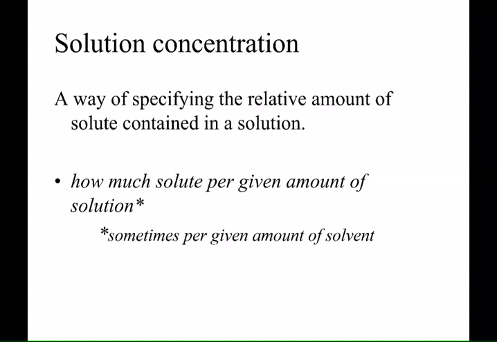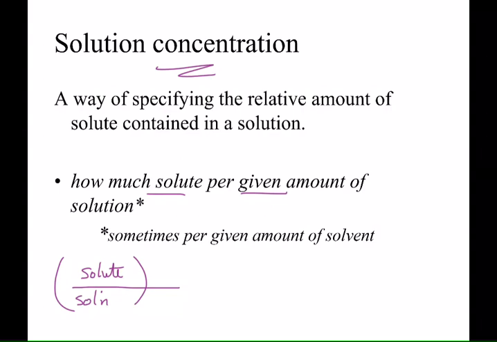I mentioned numbers, and when we say how concentrated a solution is, and we're using numbers, usually it is the given amount of solute per a given amount of solution. So solute per solution, usually. That's the units.